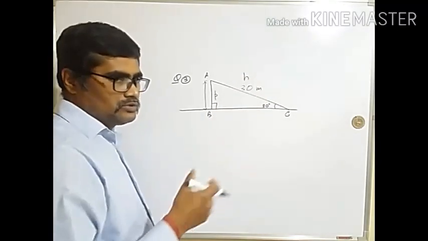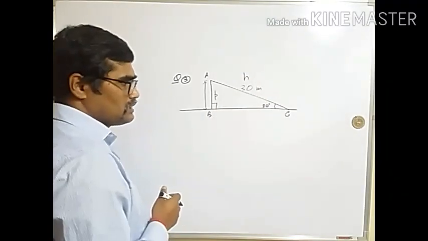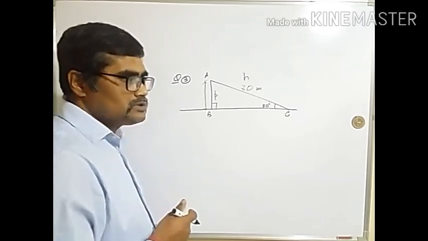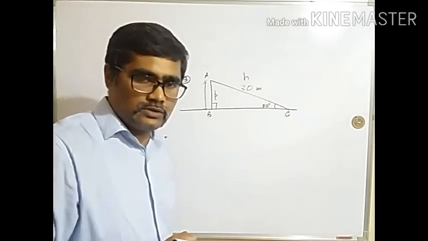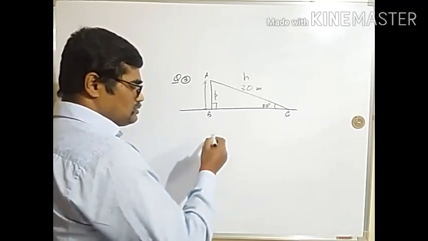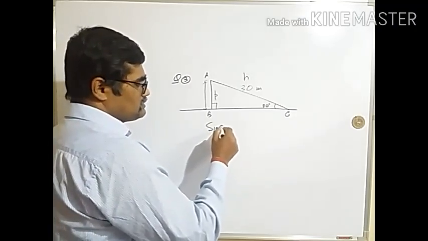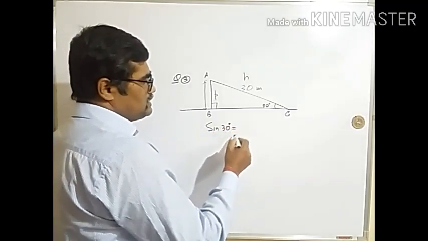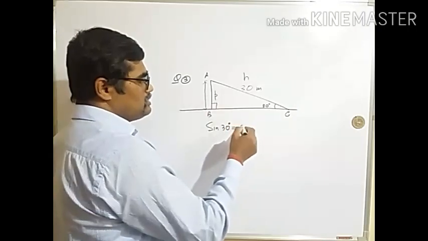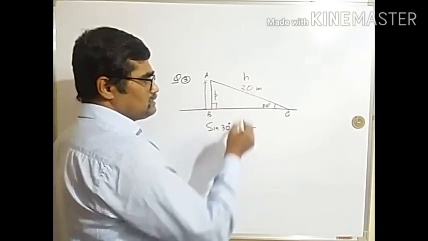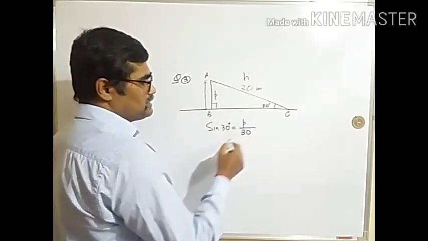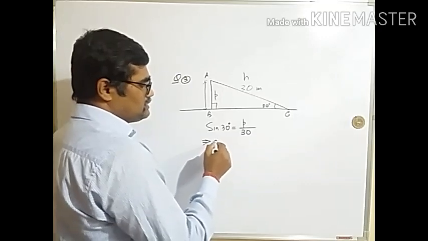So which ratio you would prefer to take? There are two ratios, one is sine, another is cosec, relating p and h. So always we prefer to take sine. So sine 30 will give you p by h. P means unknown quantity, h means 30, right? This is half.